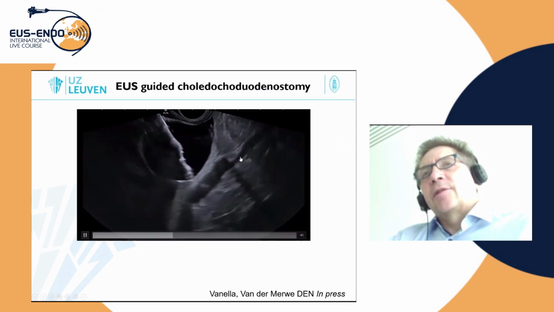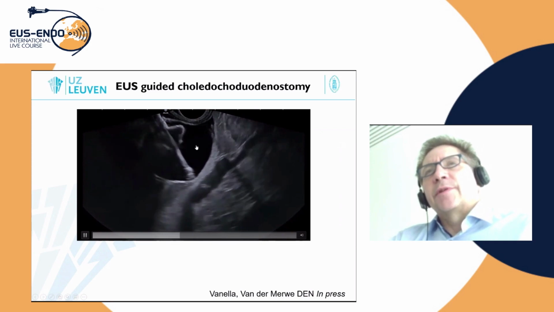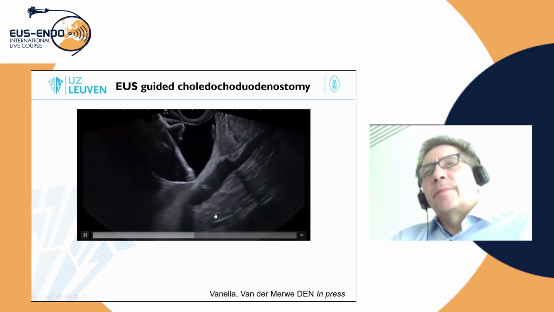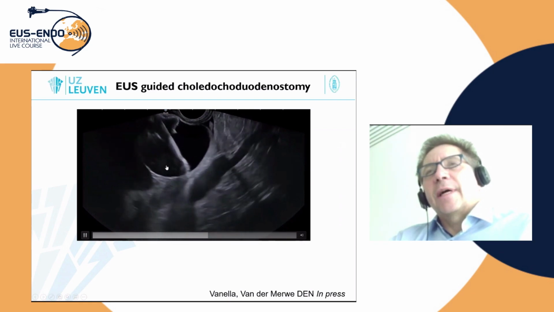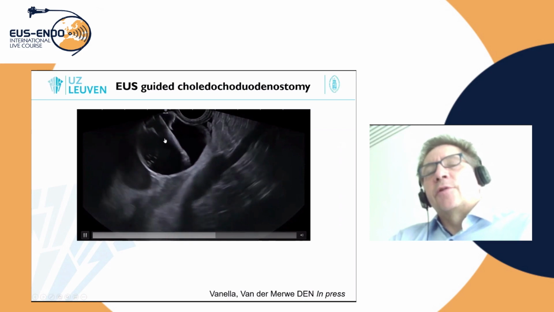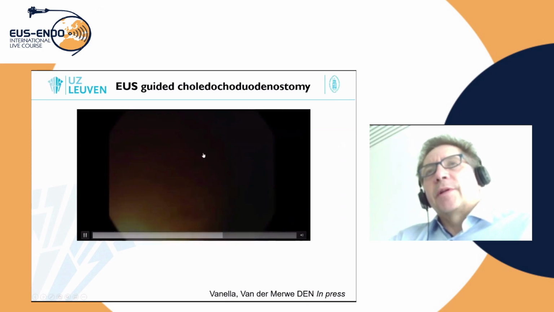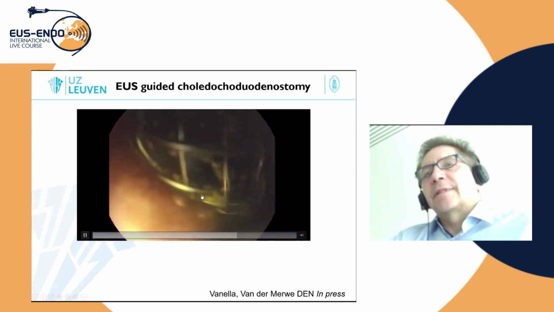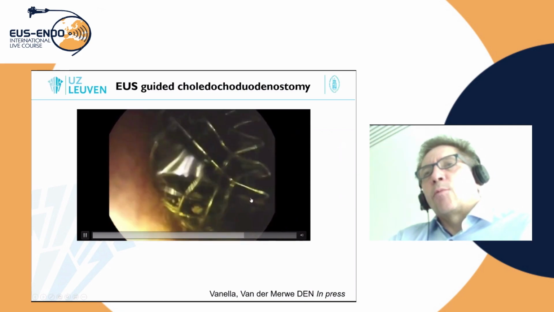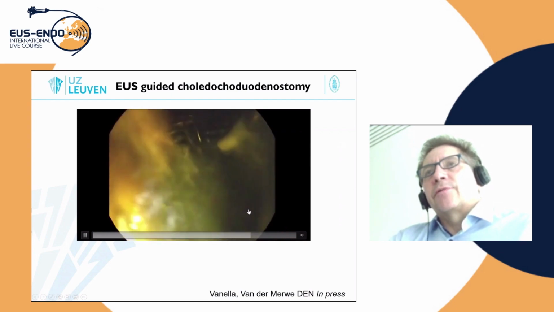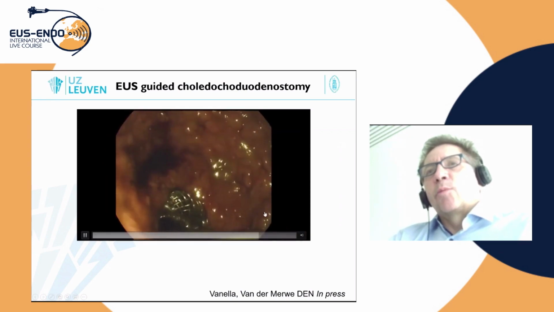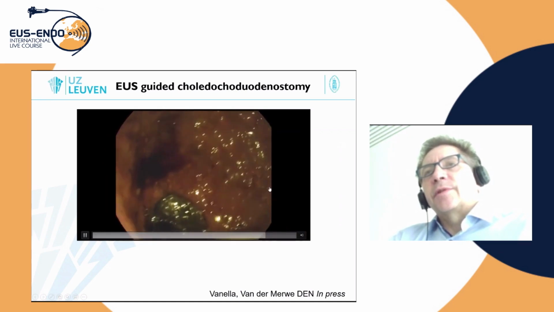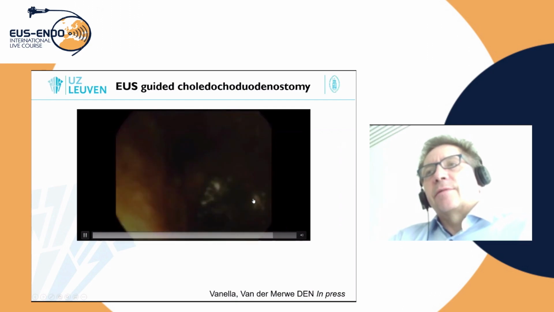I think that at the moment there's a lot of hype about this procedure, but we have to be more realistic in the future, because this procedure can be complicated by cholangitis. There is a good reason why the surgeons stopped performing this procedure, but it can be a useful procedure in certain settings where biliary drainage is required. But I think time will tell to what extent this procedure will stand the test of time.